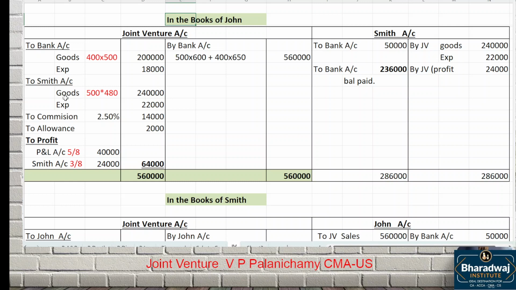How to decide? Simple. We are in the books of John now. Whatever is spent by John, to bank account. Then whatever is spent by other venturer, Smith account. Commission allowance belongs to us, John. By bank account, the income collected by us. Our share of profit we transfer to P&L account. Other party share you transfer to the other party. Based on that you prepare the other party account.